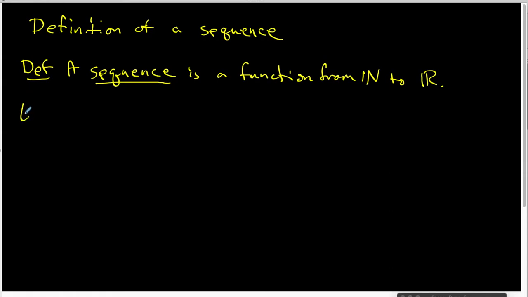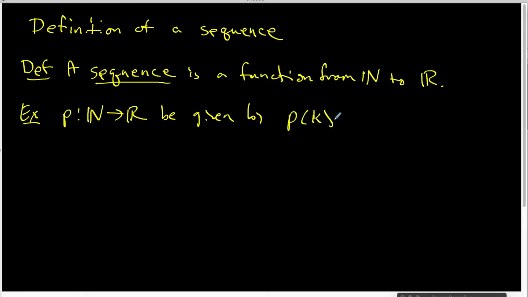That's all it is. As an example, if I let p go from the natural numbers to the real numbers, be given by the formula p of k is equal to 1 over k, we have a perfectly good sequence.